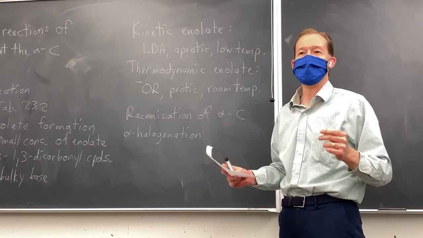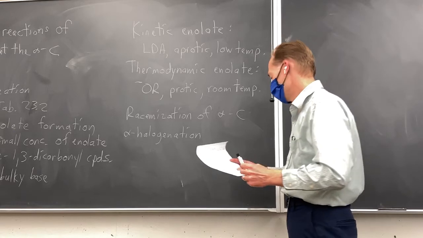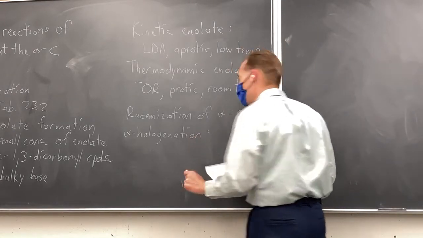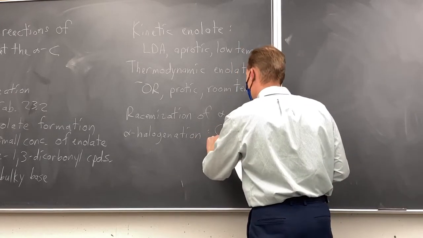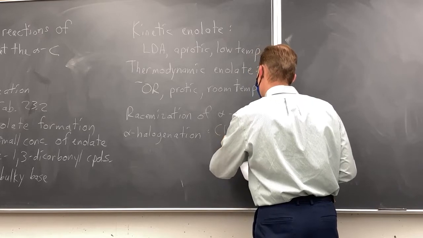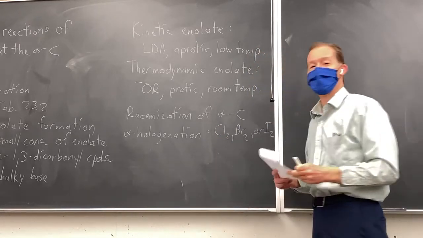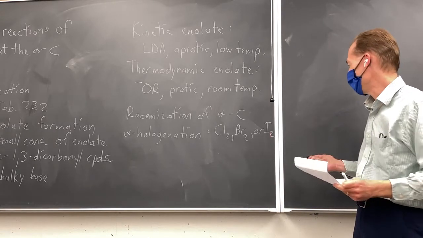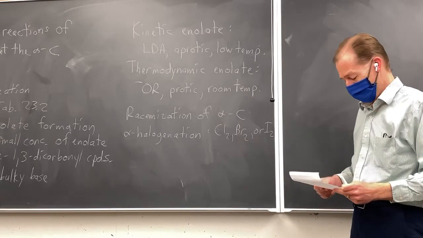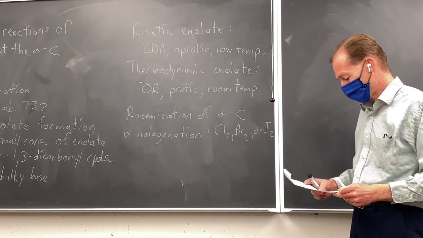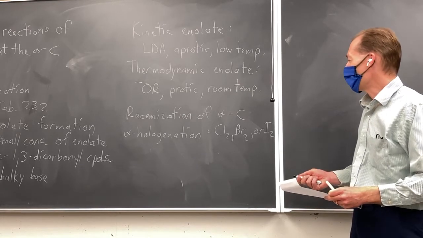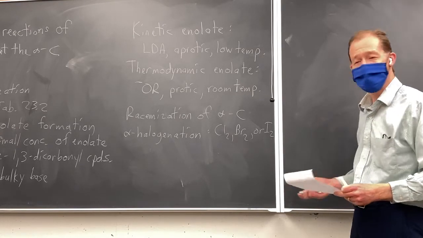This one installs a halogen alpha to a carbonyl group. And this one is unique from our other halogenations because we can use chlorine, bromine, or iodine. We're still not using fluorine, but we've added iodine now to the list that work in this reaction. And there were two versions of this reaction.